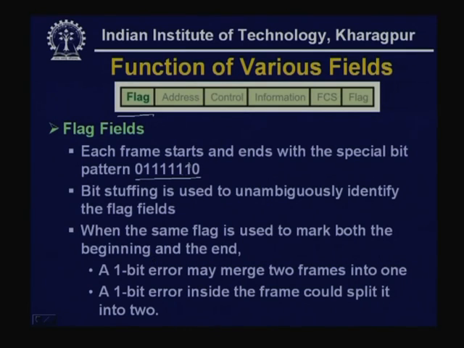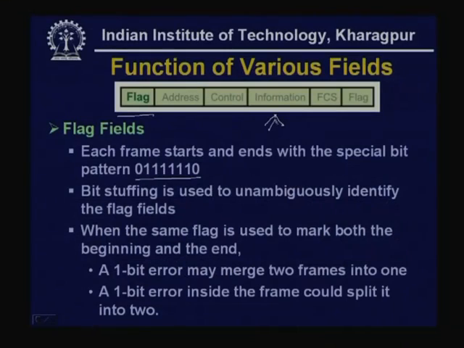Now, this bit pattern may appear as part of the information or may appear as part of control. In such a case, what has to be done? Whenever we are sending the bit pattern 0, then 6 ones and 0 as part of data, there is a possibility that if it appears in the middle of the information bits, it can be considered as the ending flag.